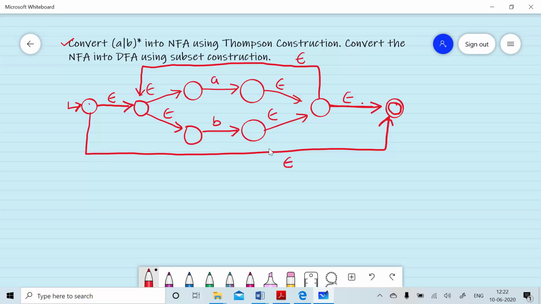Now let's suppose we will assign them numbers 1, 2, 3, 4, 5, 6, 7 and 8.